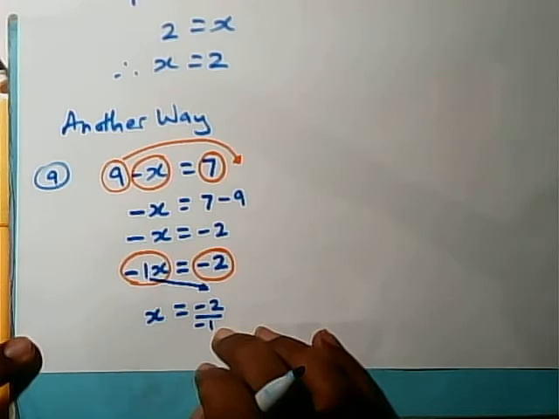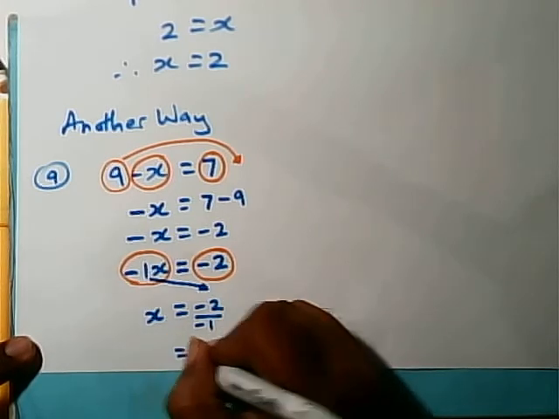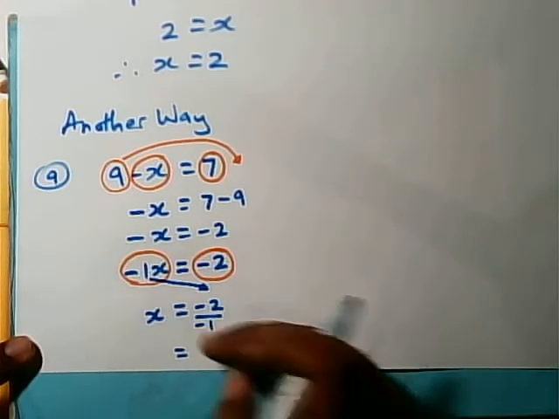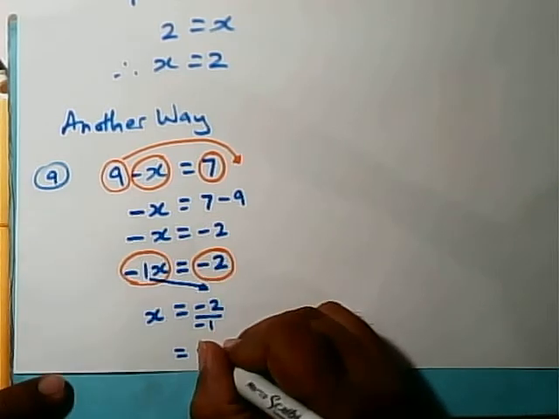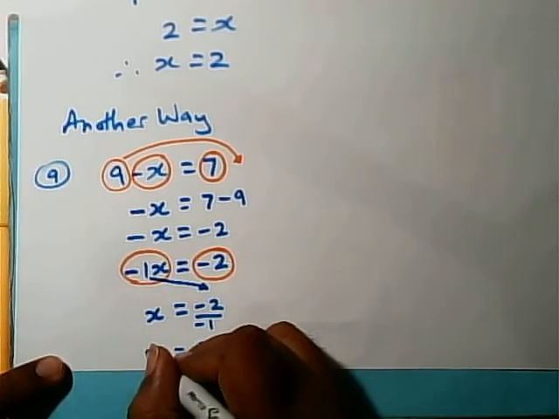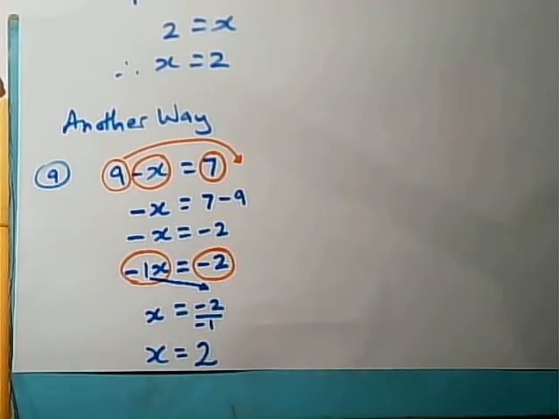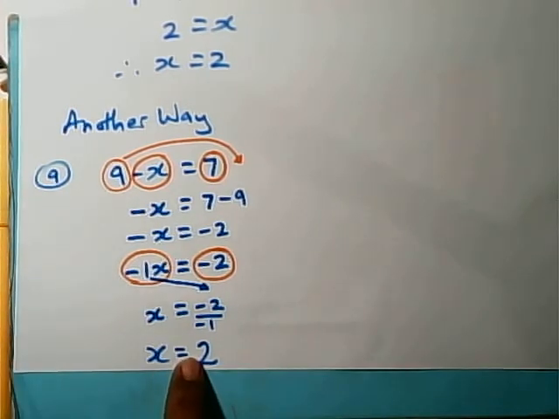Minus 2 divided by minus 1 will give us a positive answer because the signs are the same. 2 divided by 1 is 2. We end up with the same answer, x equal to 2. But look at how many lines it took if I was to explain every single step.